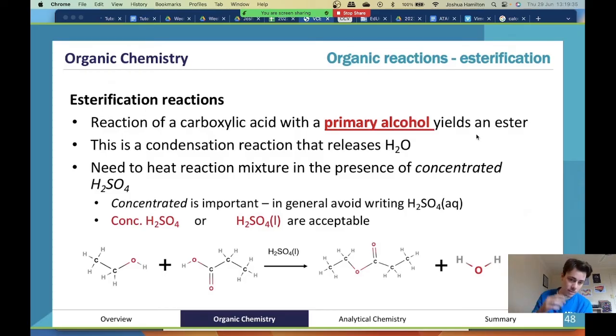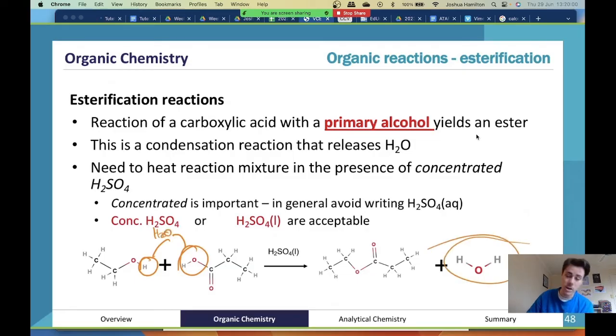So as you can see here, you've got ethanol and you've got propanoic acid. You put them together with H2SO4 and you end up with this molecule here. What's really important, and this is what we didn't discuss earlier, is what is lost. This is lost and this is lost. When these come out, what do you think they form? You've got two H's and an oxygen. What does that sound like? It sounds like H2O.